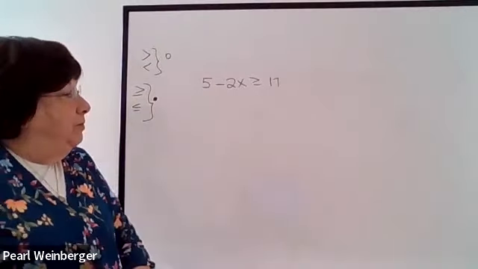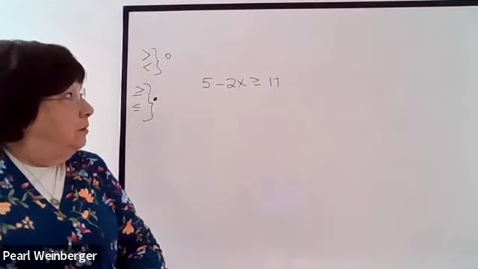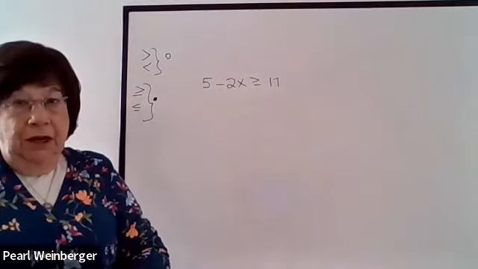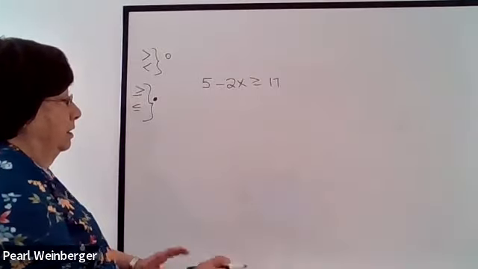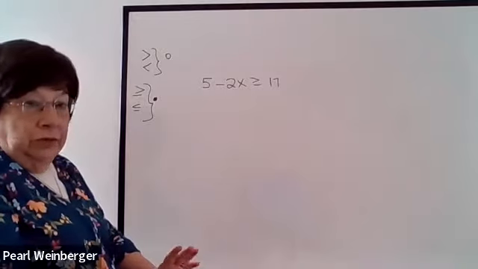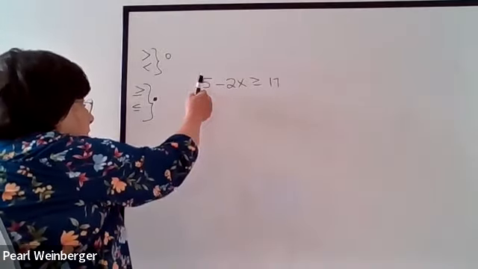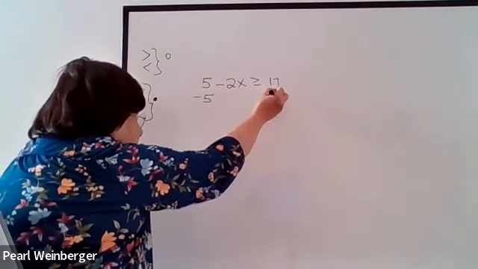Okay, I see a couple of people that came up with an answer. So let's work on this together. Again, I want to get the x's alone on the left side, the numbers on the right side. So I'm going to subtract 5 from both sides.